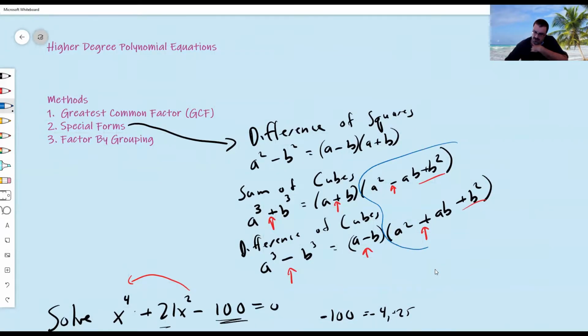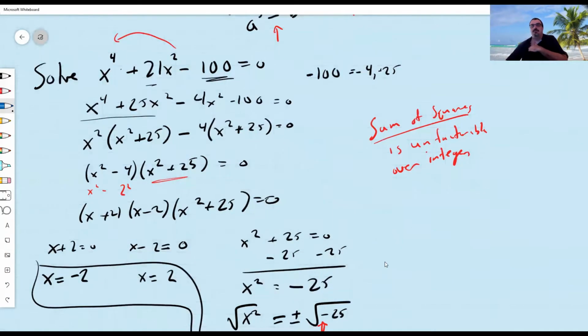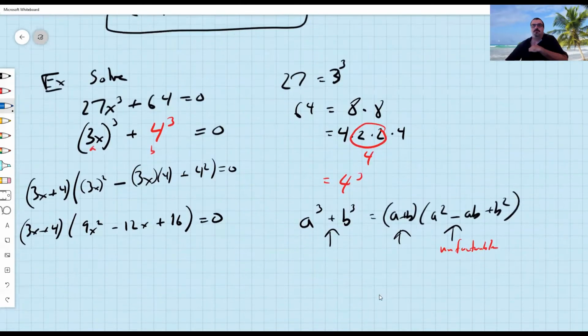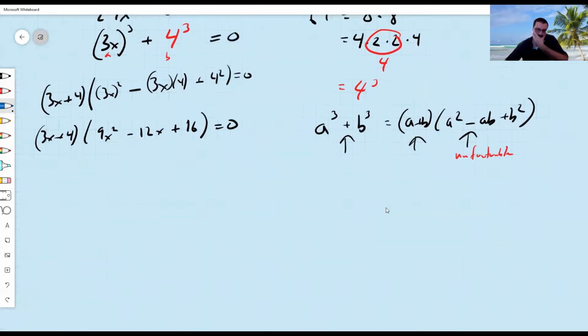These two things right here are unfactorable. That doesn't mean we can't solve them, it just means we can't solve it by factoring. So since it's unfactorable, I'm going to set each of these pieces equal to 0.